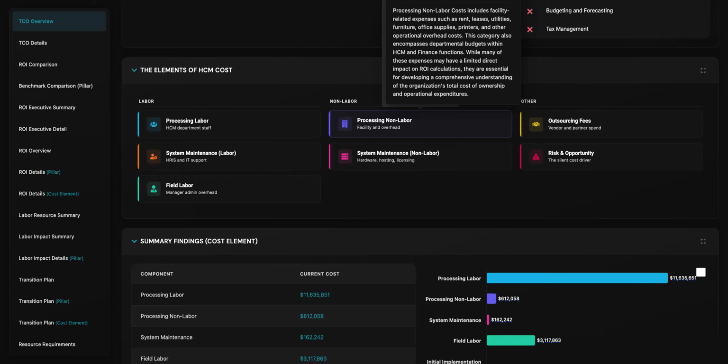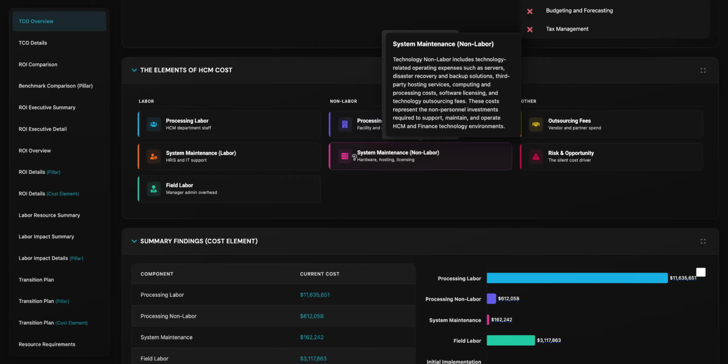So we'll capture those here. System maintenance non-labor is the technical non-labor costs. So technical related operating expenses such as servers, third-party hosters, disaster recovery, backup, licensing fees on the software, anything at all that we're paying to support the application.